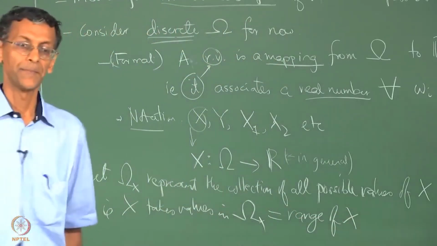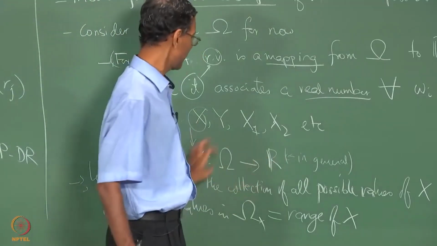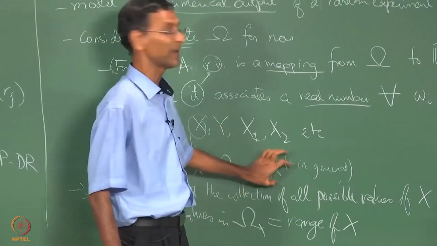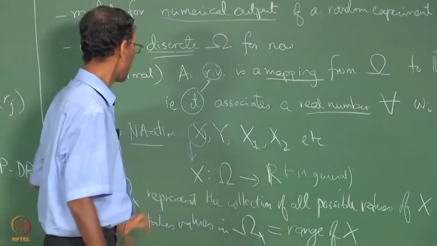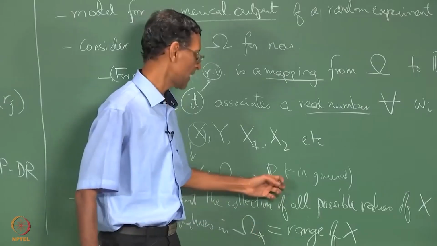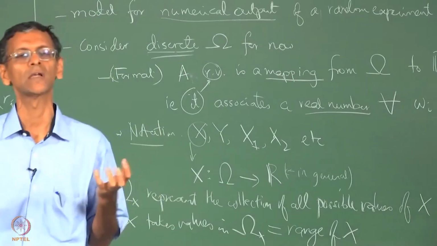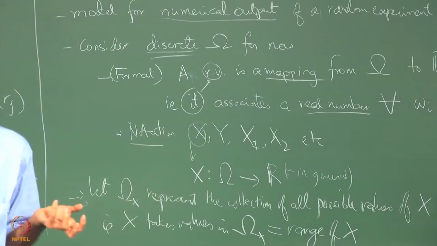So instead of saying that the range is R, you can think of x being a mapping from omega to omega x. Omega x is like a universal set as far as x is concerned. X cannot take values outside of omega x.